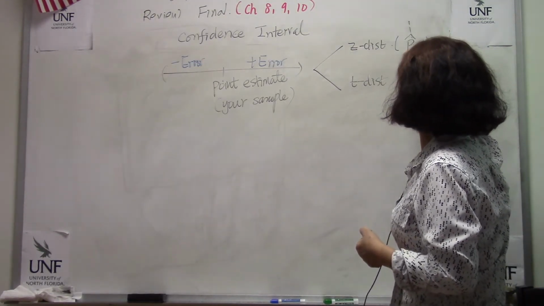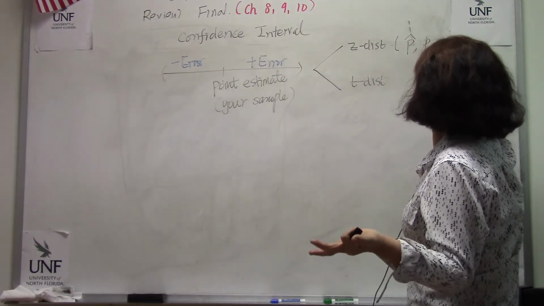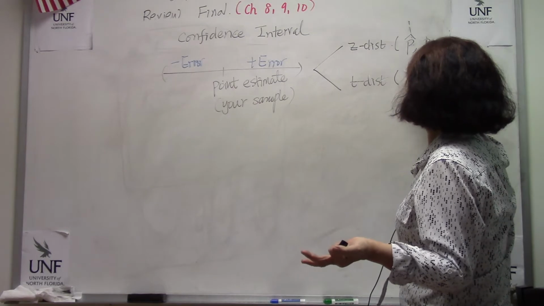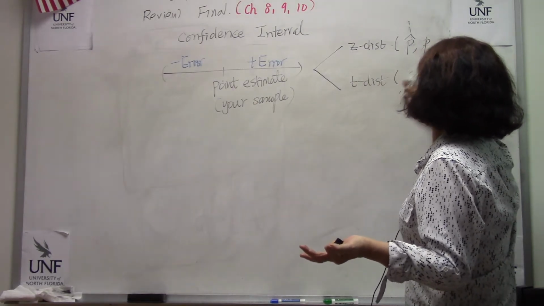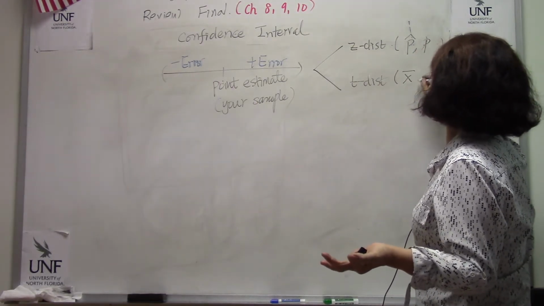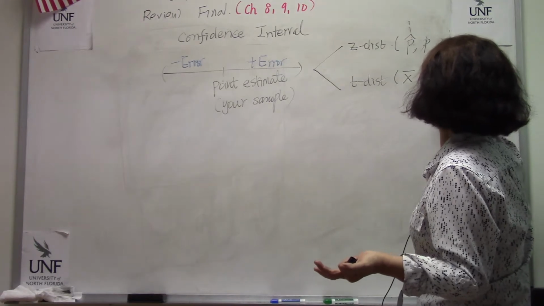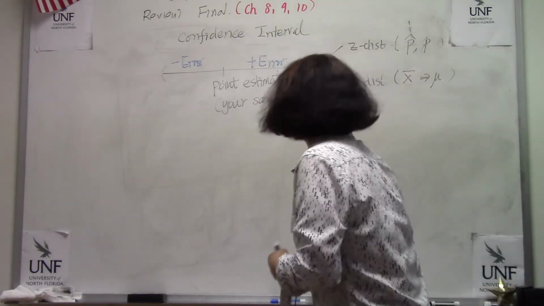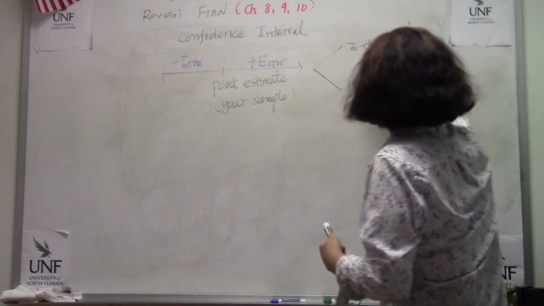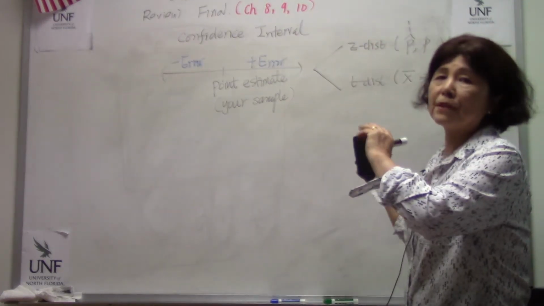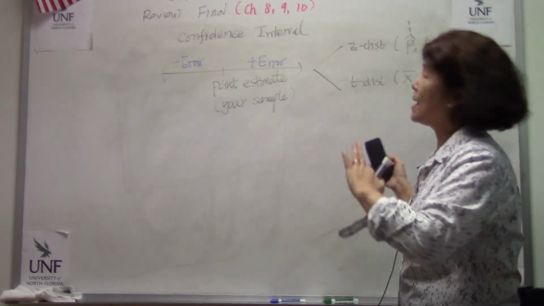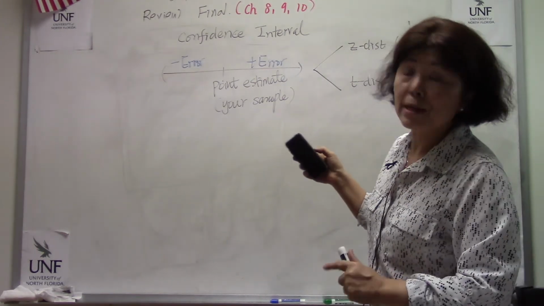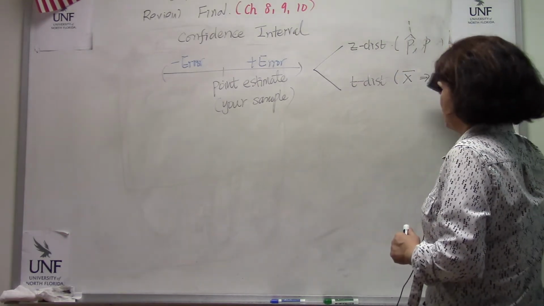Starting from p hat, you make an interval for p, correct? The T distribution is about mu or x bar. You start from x bar and you want to conjecture about mu. So two different things, with two different calculator settings, and if you want to use a table, you can do so, but two different things.